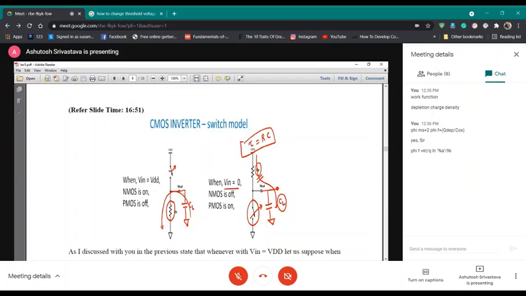So whatever is at the load capacitance at the output would all come down to the source of your NMOS transistor. So this transistor just acts as a resistor, while this transistor, which is your PMOS, is acting as a switch.